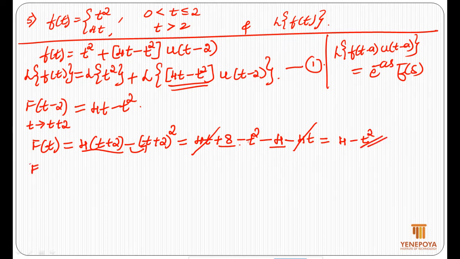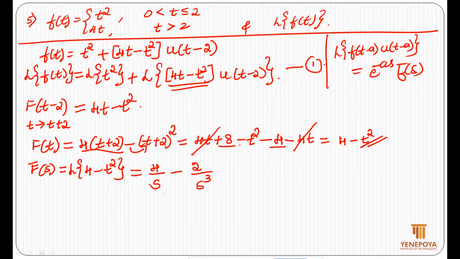Now find f bar of s, that is the Laplace transform of 4 minus t square. The Laplace transform of 4 is 4 by s. The Laplace transform of a constant is the constant by s, minus the Laplace transform of t square, which is 2 factorial divided by s power 2 plus 1, that is s power 3. This is the answer for f bar of s.